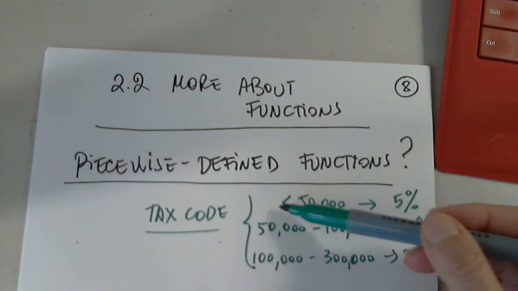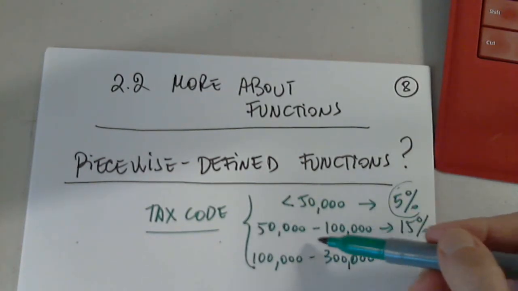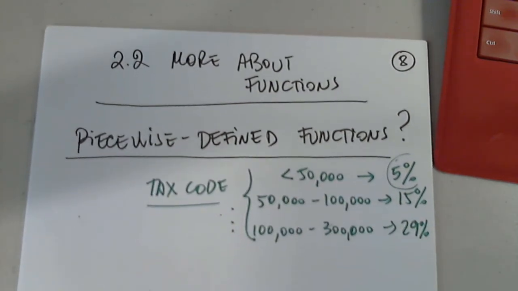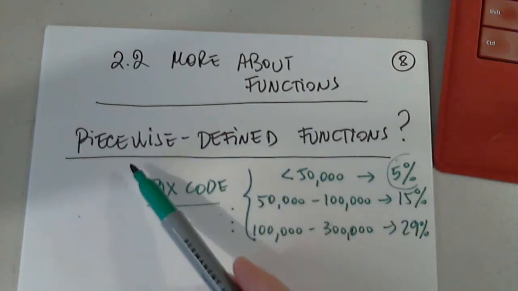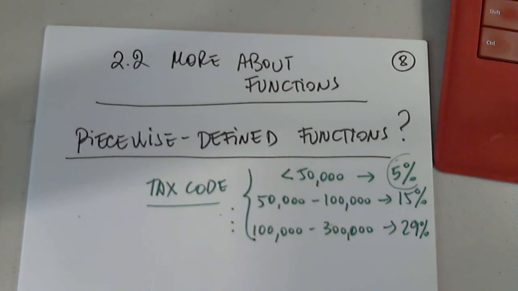So for different values of x, a different outcome. Different values of x, different outcome. And we can go on forever. So a piecewise defined function can have 2 branches, can have 3 branches, can have infinitely many branches. So let's look at one with 2 branches.